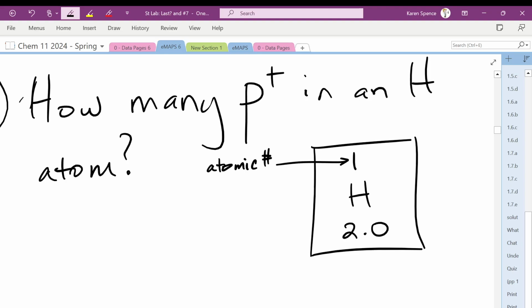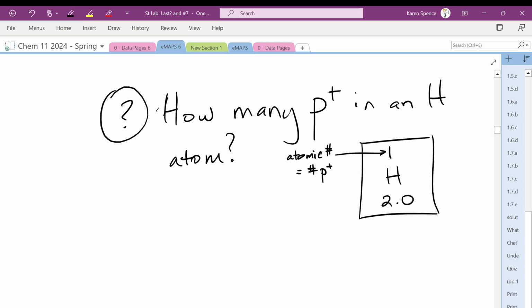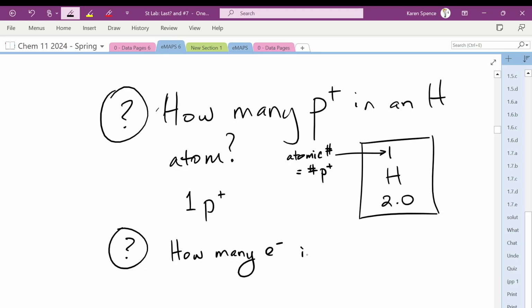And what does it equal? The number of protons. Okay? So we have 1 proton. How many electrons in an H atom? 1. How do we know that?